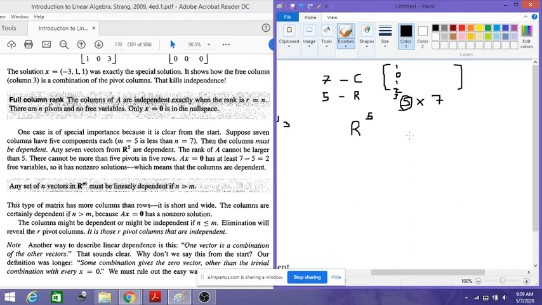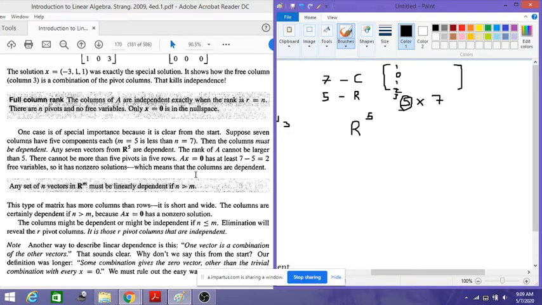In such a case, this cannot be an independent set of columns; it becomes a dependent matrix, because the other columns might be combinations of the other columns. So it is not an independent case, it's a dependent case.